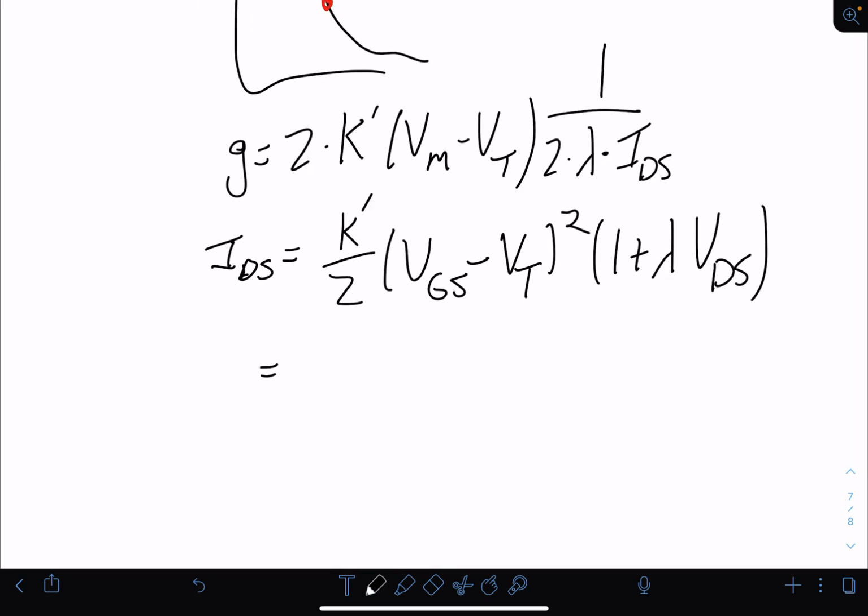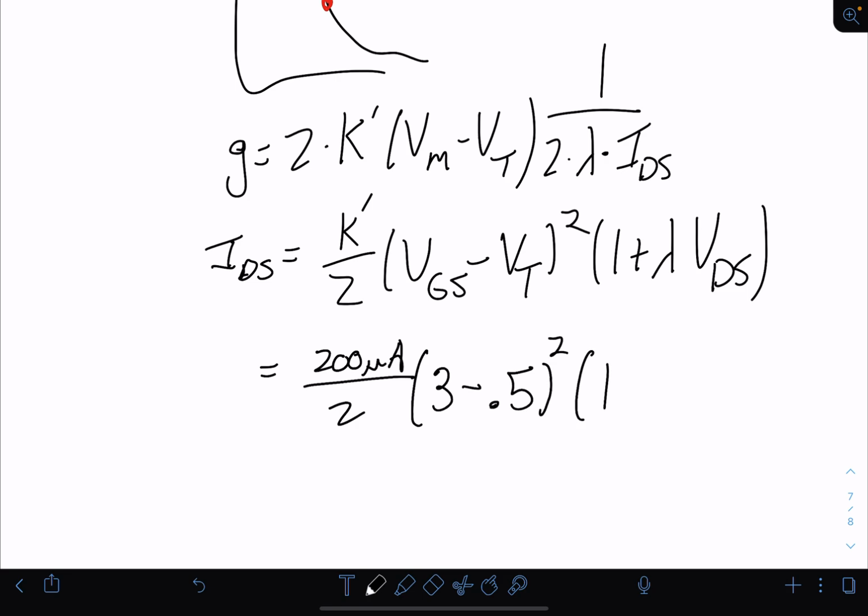K prime is 200 micro over 2 times VGS, which, because we're at VM, where input equals output, will be equal to VM. Turn on is 0.5, 1 plus 0.07, and then VDS will also be 3.